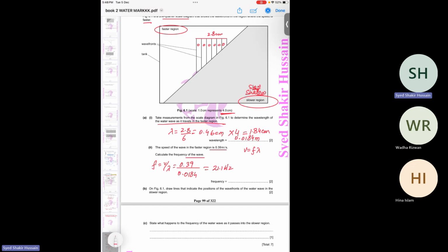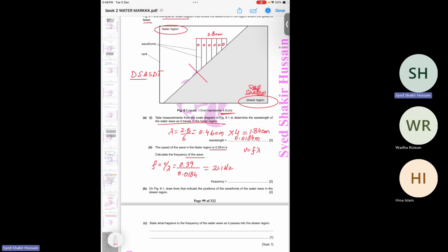So slow is shallow. All right. Now you need to draw lines that indicate the position of the wavefronts. As waves go from deep to shallow, away from normal, right? So I'll make a normal over here, and let's say this is the normal.